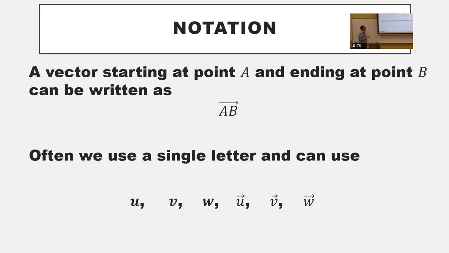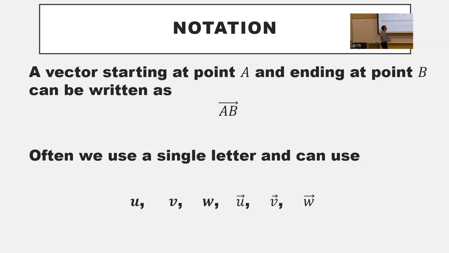Now there's lots of different notations for vectors. One of the notations is where we have a line across the top. We can write a vector starting at point A and ending at point B as AB with an arrow on top of it pointing to the right. Okay.